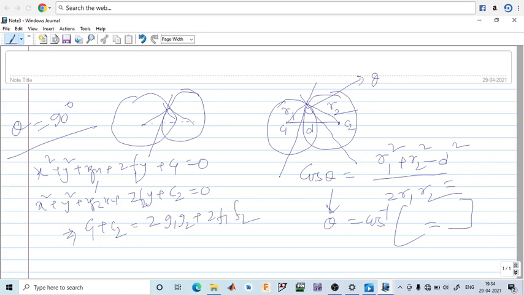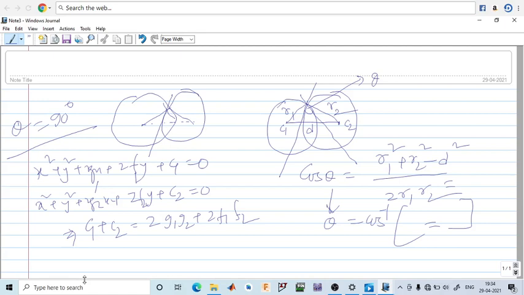This condition is used in many problems. Try to remember this orthogonality condition: when the angle between the two tangents is 90 degrees, that is, the angle of intersection of the two circles is 90 degrees, they are perpendicular, right?